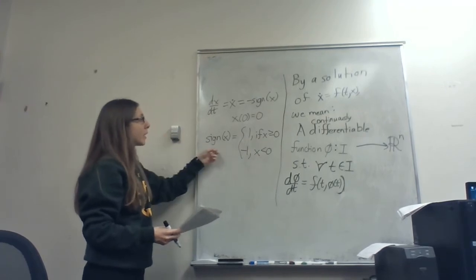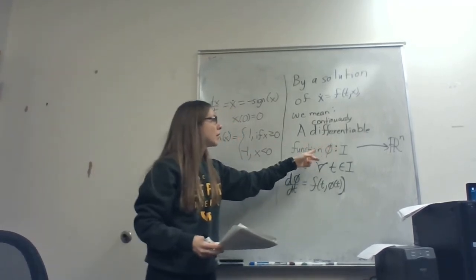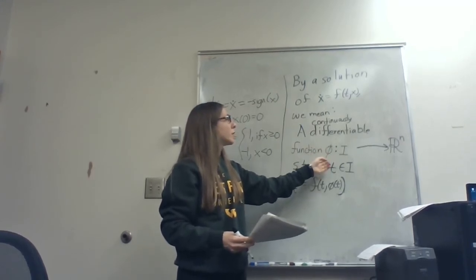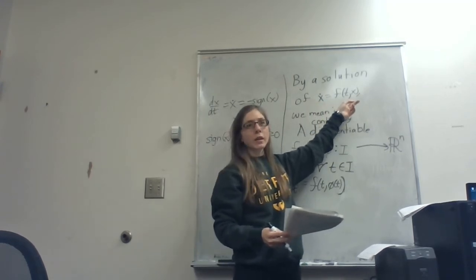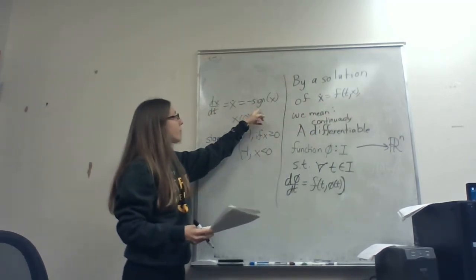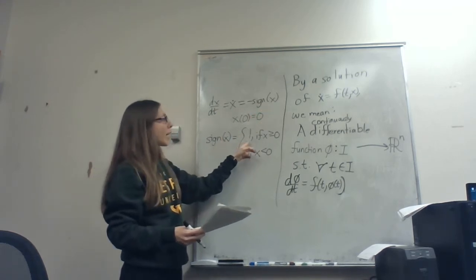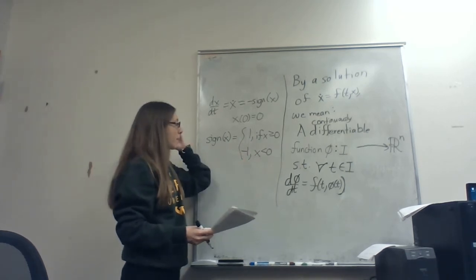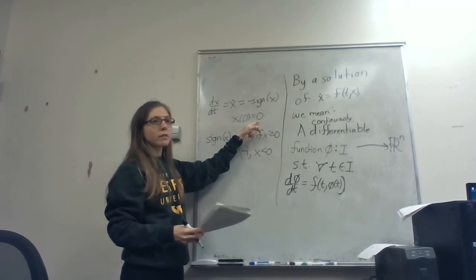In this case, we have the problem that this function has to be continuously differentiable. If we take its derivative, it should be f of t, x. Here, f of t, x is negative sign of x, which at 0 has two different values, so it is not continuous at the initial condition x of 0.